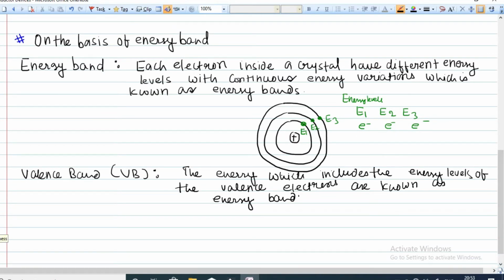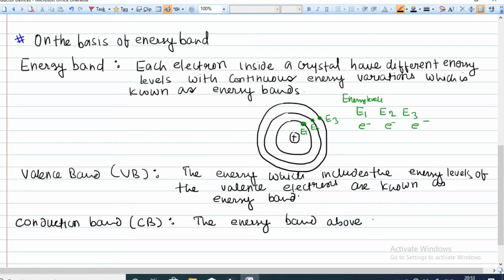Now next is the conduction band, written as CB. The energy band above the valence band is known as the conduction band.